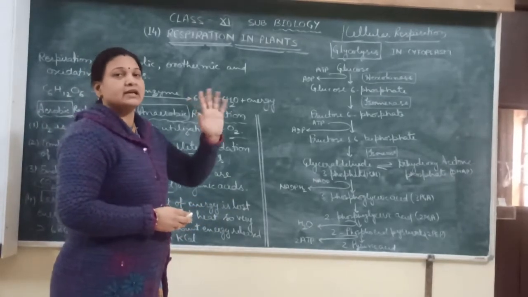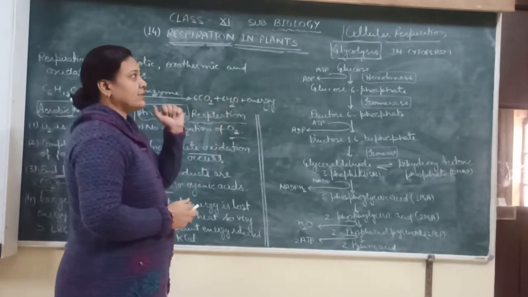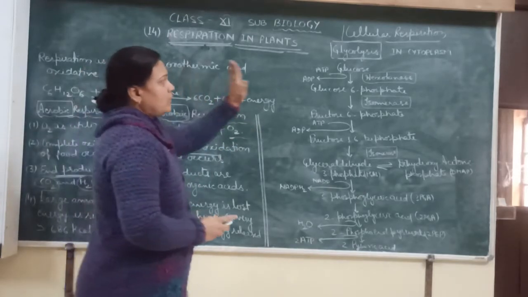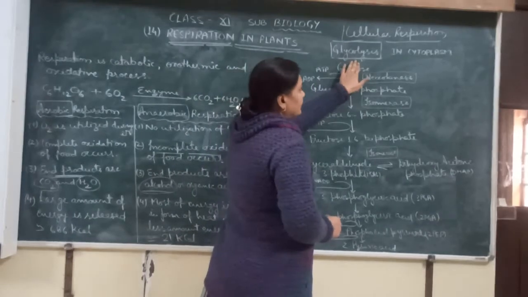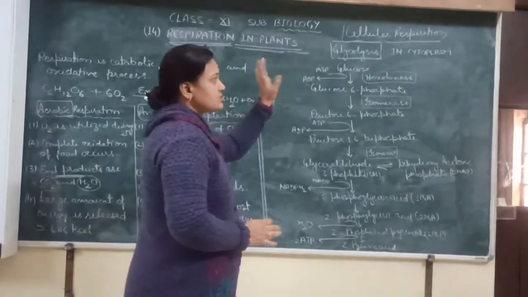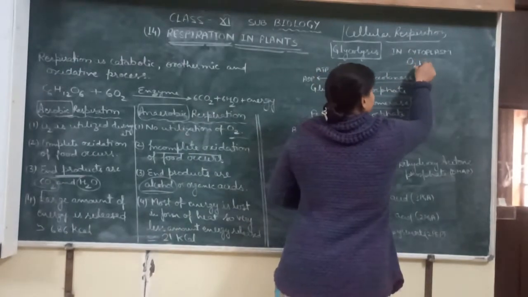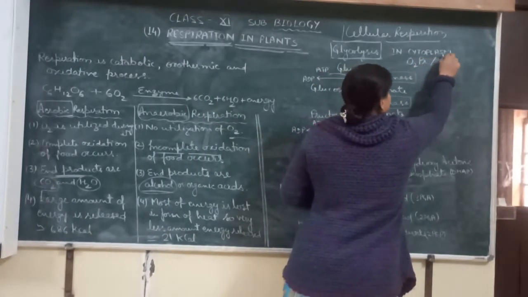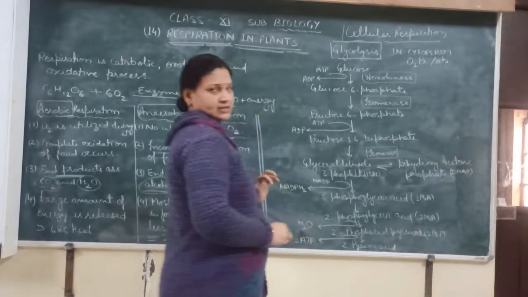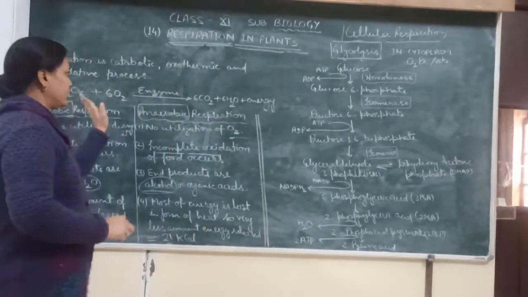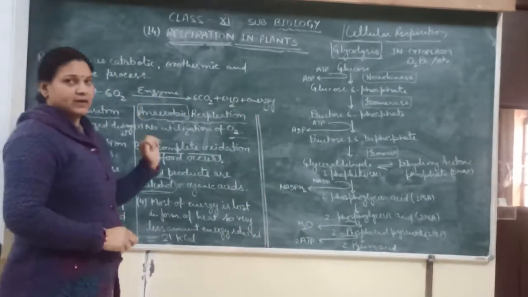What is cytoplasm? The liquid present inside the cell. So in the cytoplasm, glycolysis occurs first, and it occurs in the presence of oxygen and in the absence of oxygen, in both cases. So glycolysis occurs in both anaerobic and aerobic types of respiration.